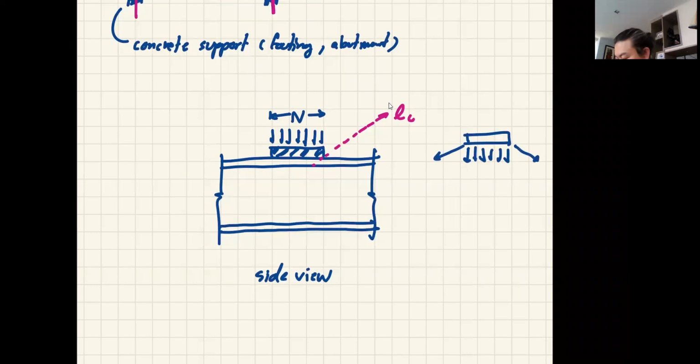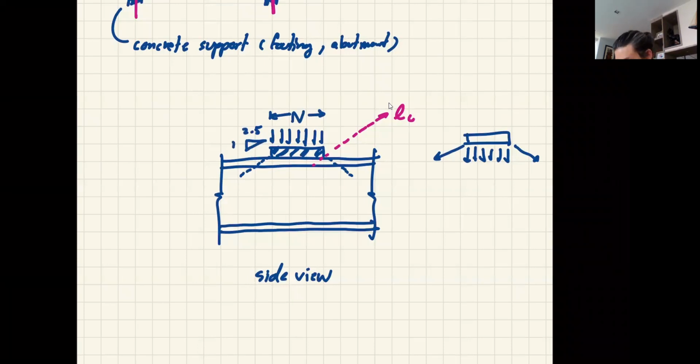From the research, they have discovered that the slope here is 1 to 2.5. It's just going to come down to the location of your web.